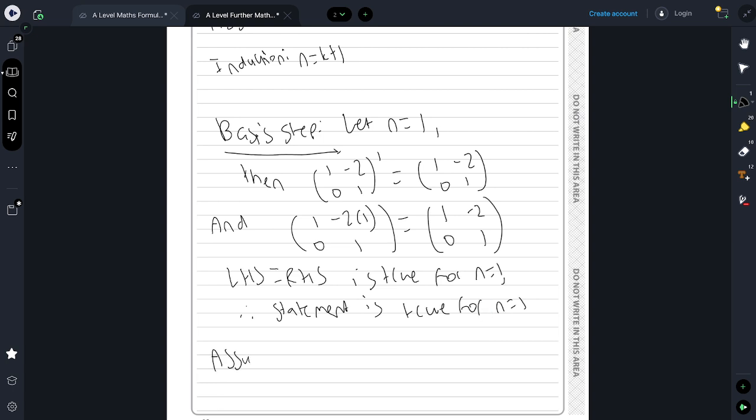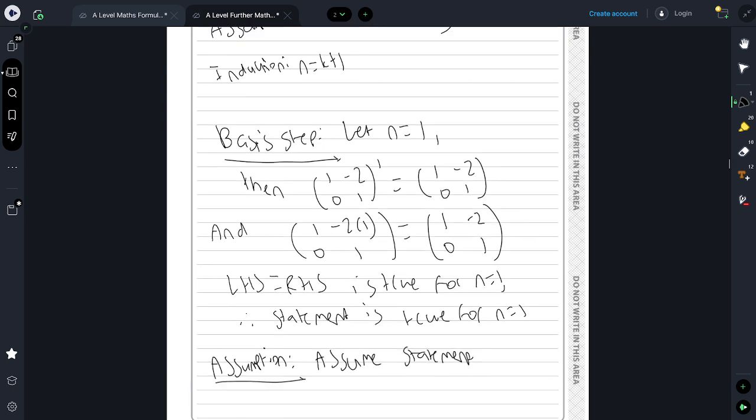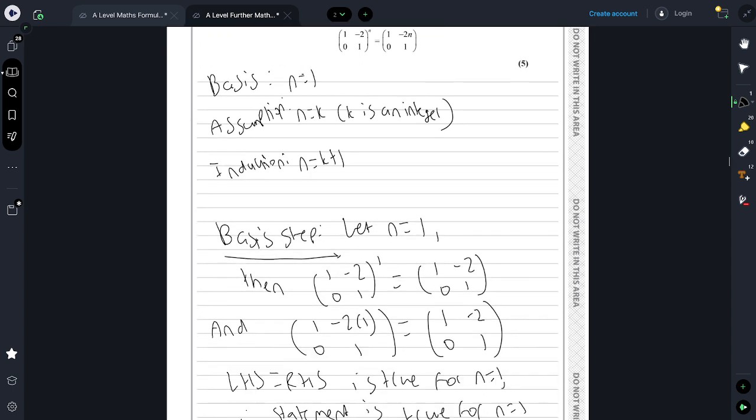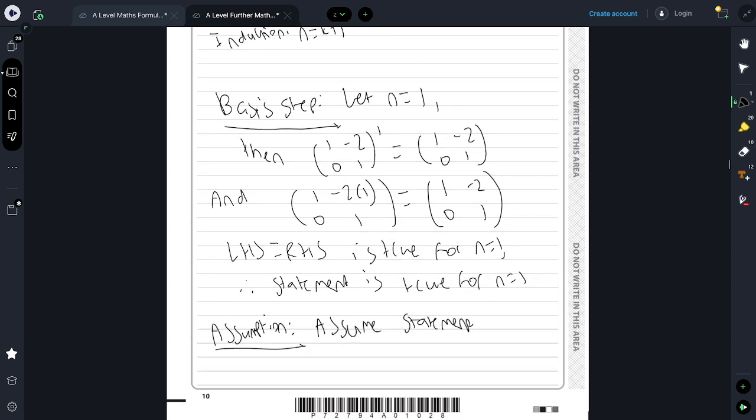So then the assumption step is assume statement is true. So this equation here essentially is a statement, right? It's an alternative way of saying it. So assume the statement is true for any given integer n equals k.